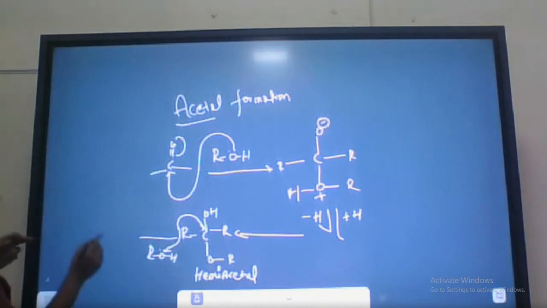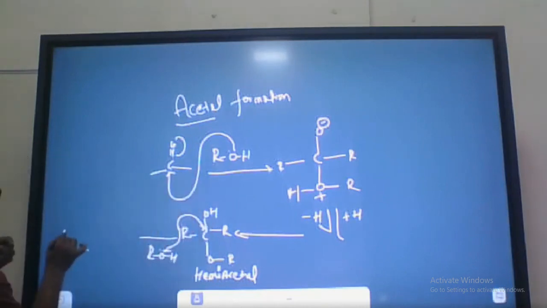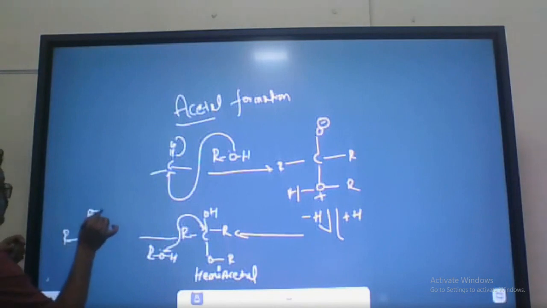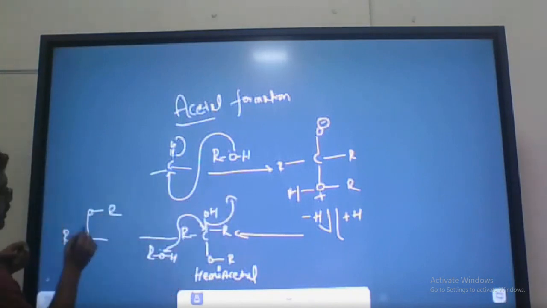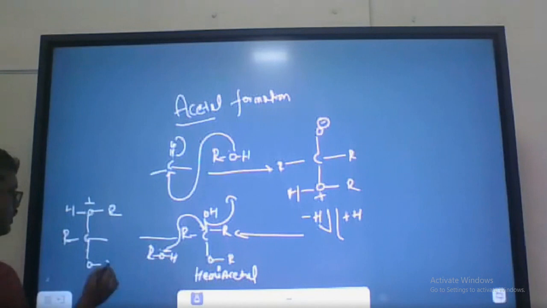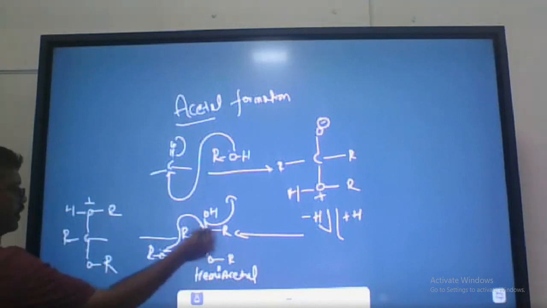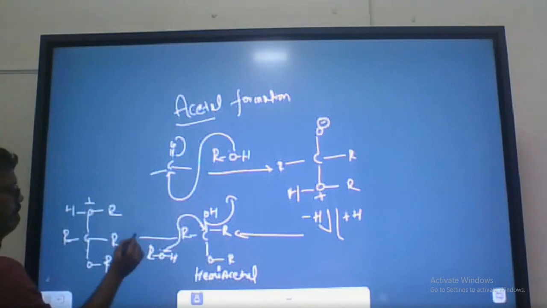Here elimination happens, and addition happens. This H plus and this is OR, and R is eliminated. Minus OH.